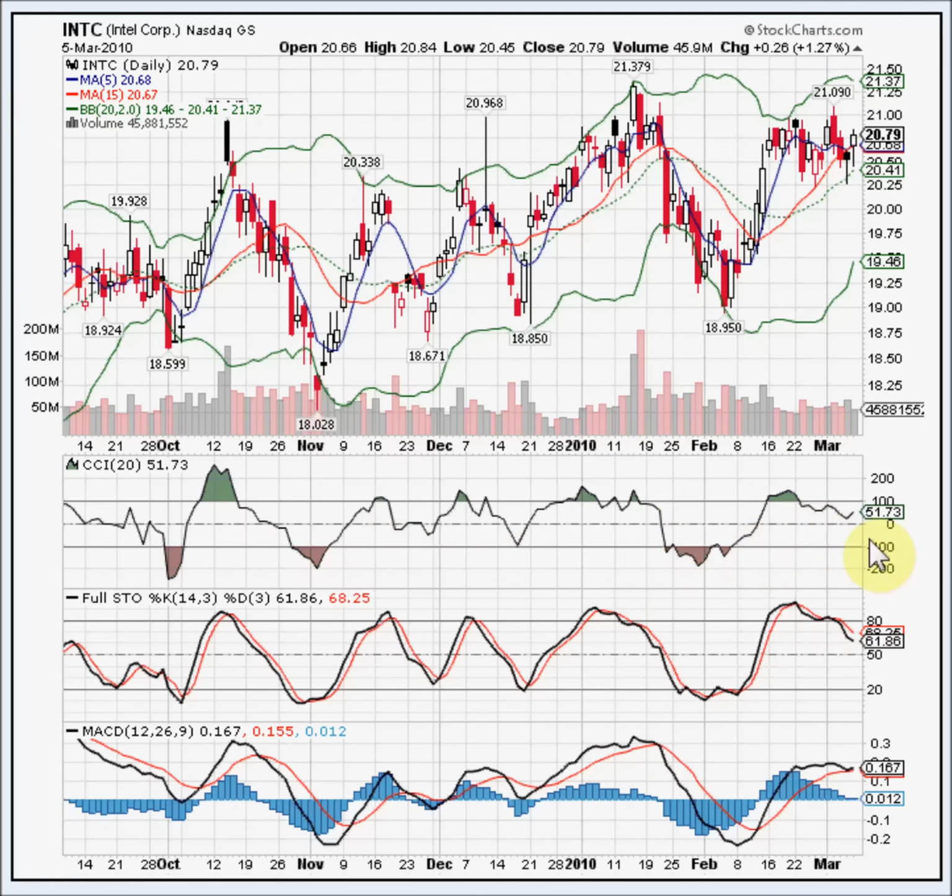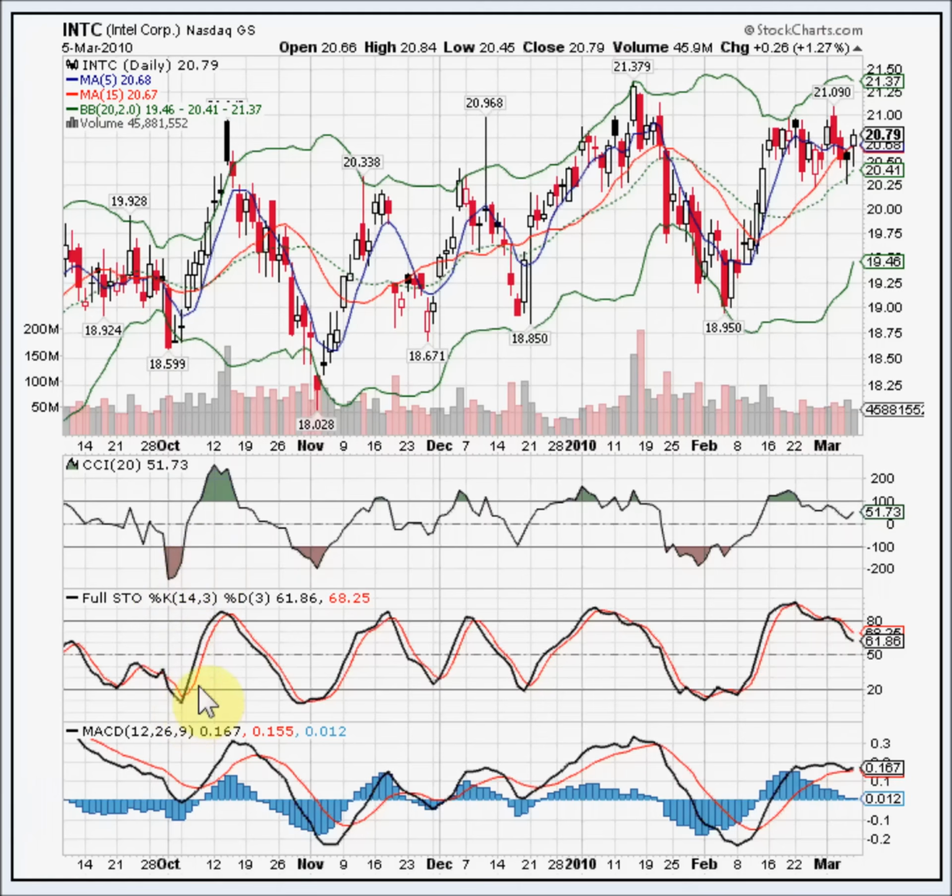Okay. Now, unfortunately, the MACD for Intel is a lagging indicator. I'll show you other ones where it is actually moving ahead of the other two indicators here. So I hope you begin to understand that you buy at the lower Bollinger Band when the CCI is below the minus 100 line.